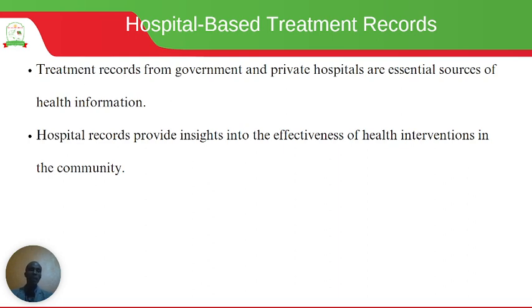Like I said, if you have put in place interventions to, for example, prevent or control malaria, but you see the numbers are increasing in the hospitals, then you know that there is something wrong with your intervention. So it informs you on what measures you should put in place, or it triggers you to make a survey on how to improve your intervention so as to reduce those numbers of malaria cases.